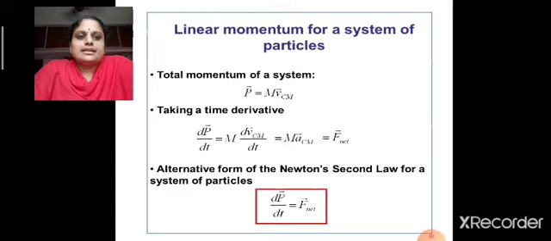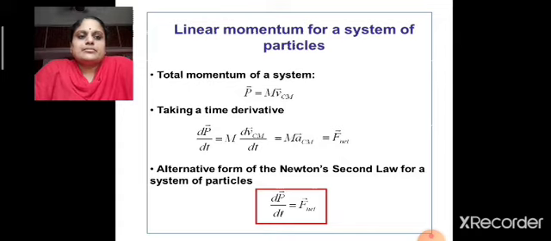So we have seen that the linear momentum of a system of particles is given by P is equivalent to M into V_CM. Taking derivatives on both sides with respect to time, we get dP by dt is equivalent to M into d by dt of V_CM. d by dt of V_CM is replaced by A_CM, where A_CM represents the acceleration of the center of mass point.